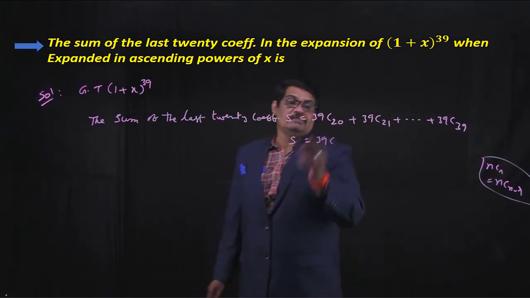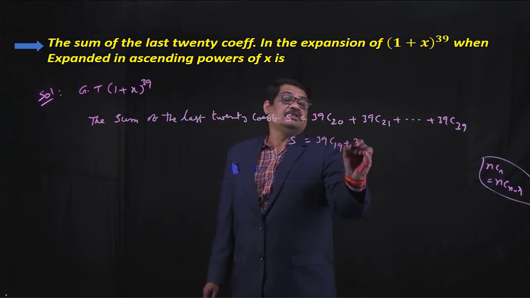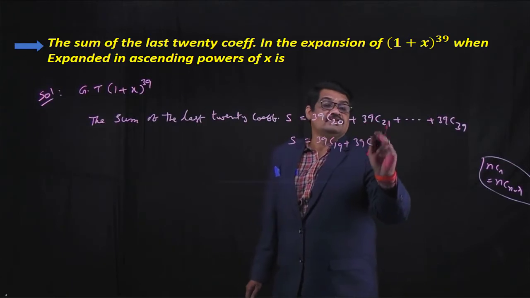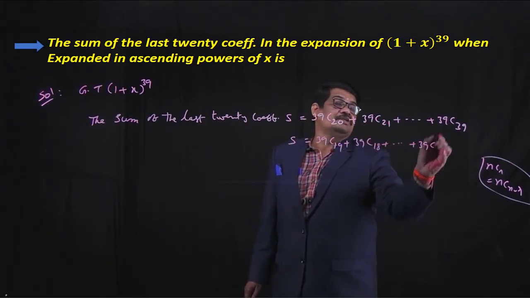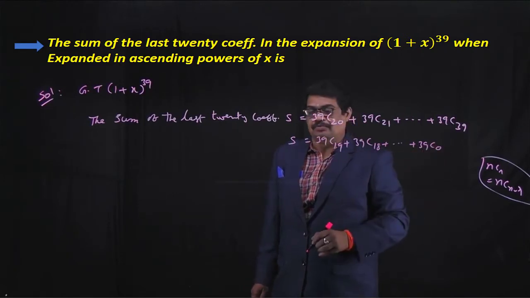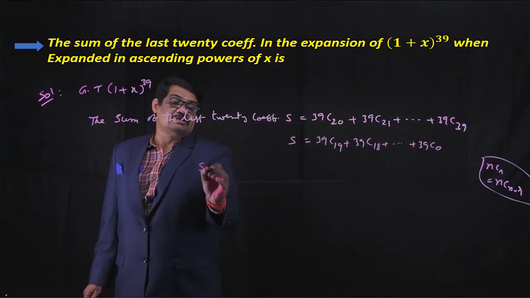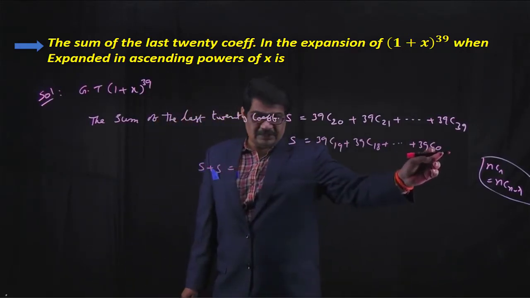39C(39 minus 20), that is 39C19. Here 39C(39 minus 21), that is 39C18, and so on. 39C(39 minus 39) is 39C0. Now adding these two, that is S plus S, we are writing from these last two.